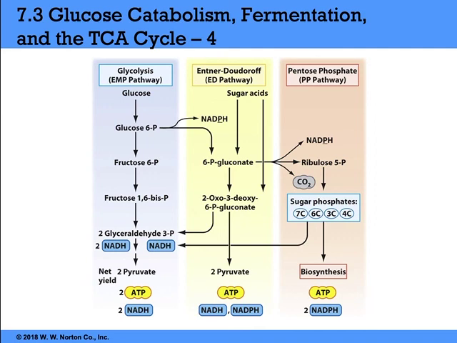So in the Embden-Meyerhof pathway, we go from glucose to glucose 6-phosphate to fructose 6-phosphate to fructose 1,6-bisphosphate, and then we go phosphoglyceraldehyde to dihydroxyacetone phosphate, then phosphoenol pyruvate, and then finally we end up at pyruvate.